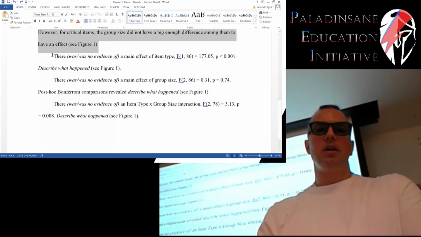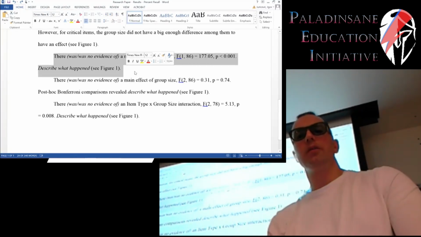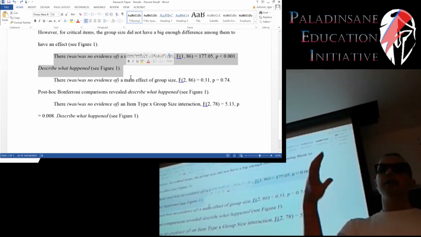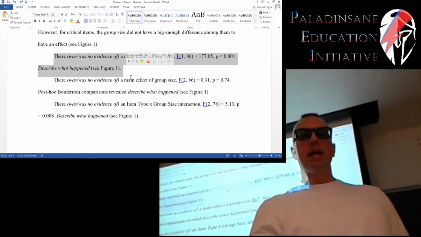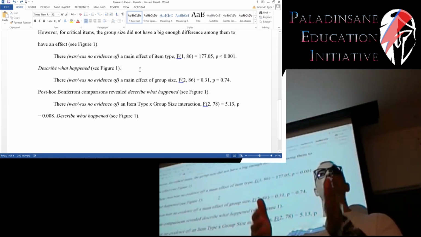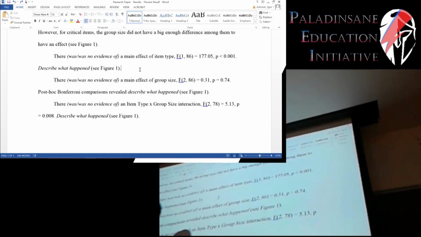All right. So now we're going to start in with the descriptions of the effects. We're going to use that Goldilocks and the Three Bears structure, where we do the same thing over and over again.